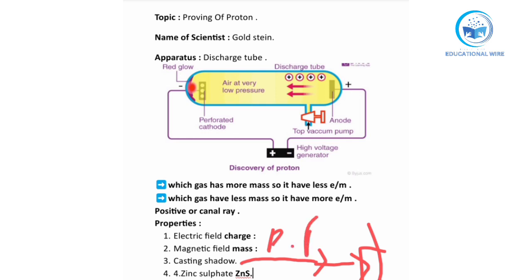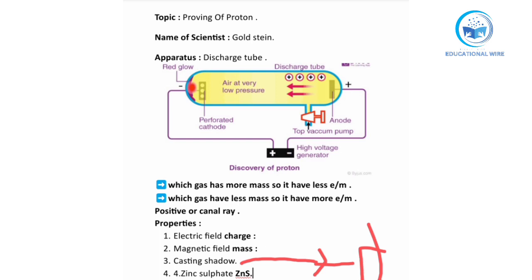Here we have the positive ray, it moves over to the wall and makes a shadow somewhere, because it has a positive charge and travels in a straight line, so it makes a shadow.